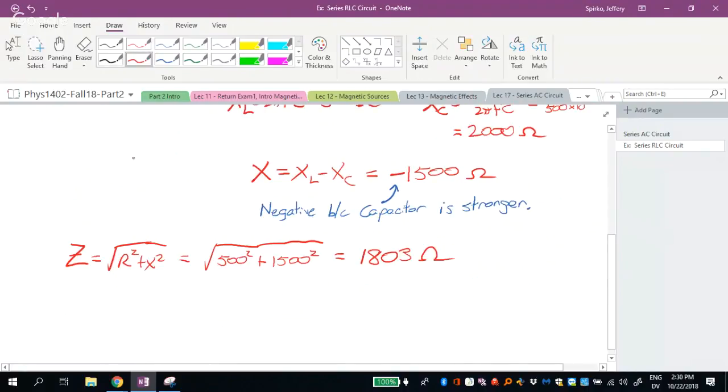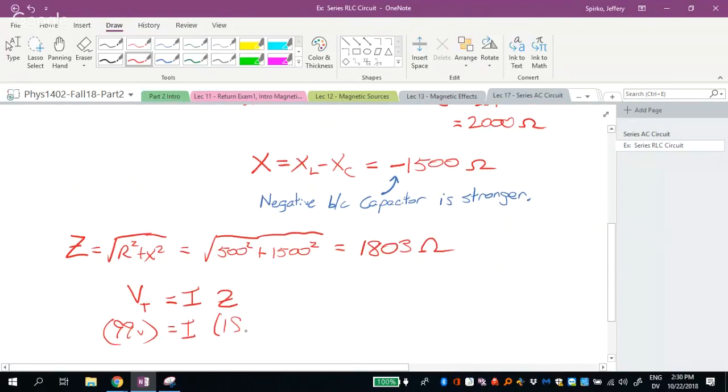So we can do V total is I times Z, and this was 99 volts is I times 1803 ohms. So I is equal to 0.0549 amperes.